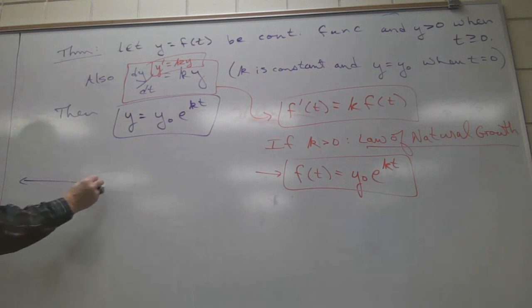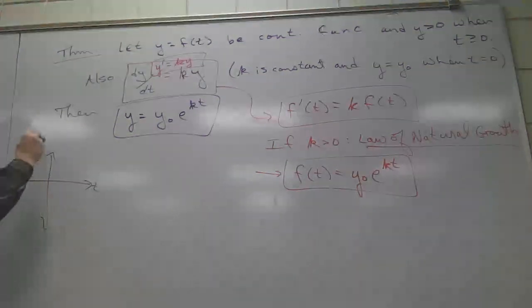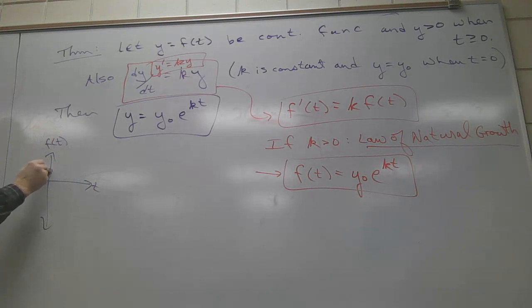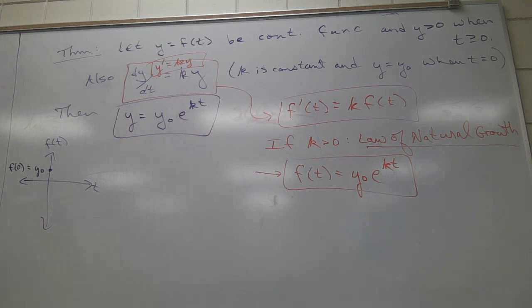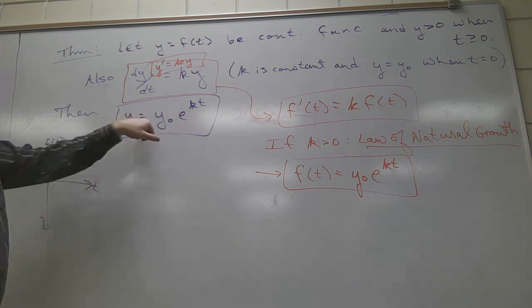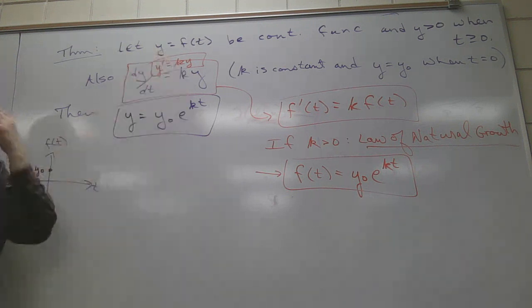Because time is always an independent variable, and if we have f of t and t equals 0, that's your y-intercept. So this is y0 right here. We could call it f of 0. So y0 is f evaluated at 0, right? But anyway, long story short, y would equal y0 e to the kt.